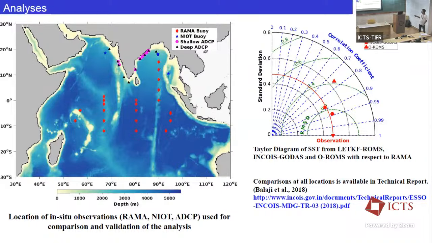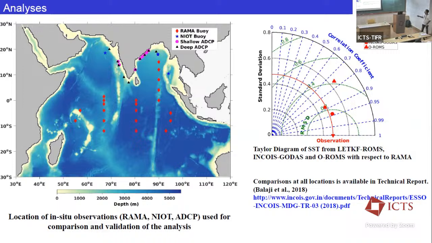This red arc is the standard deviation of the observation. The observation has a standard deviation of something like 0.48, a little less than maybe 0.5. But this model has a standard deviation of more than 0.6, maybe 0.62 or so. This is how you read a Taylor diagram. Clear to all?